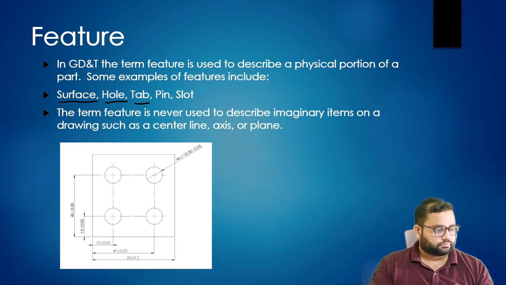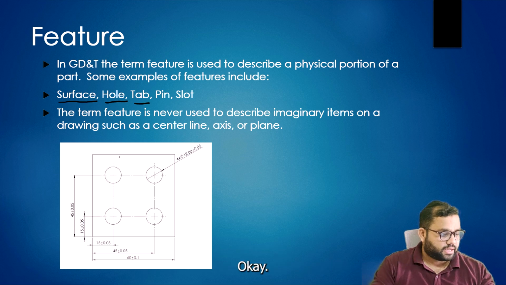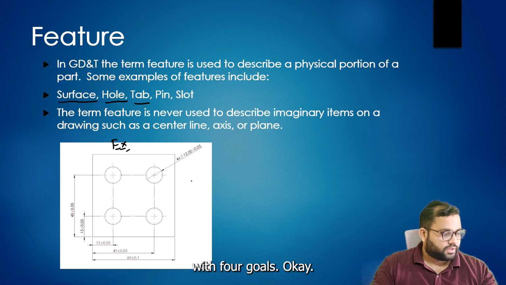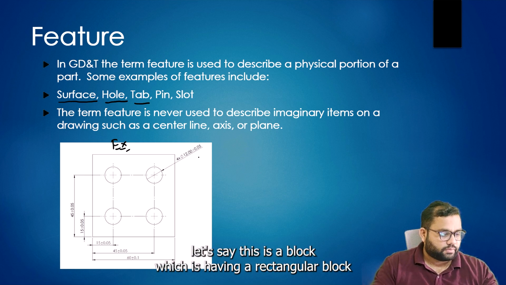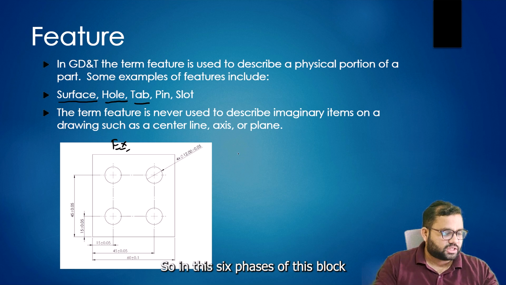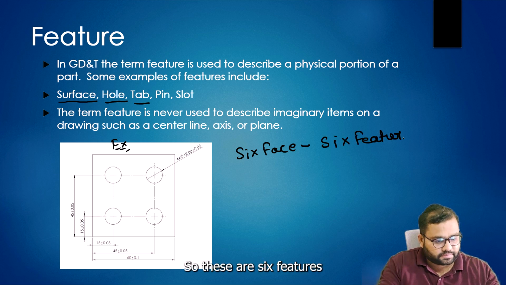Now, in this image you can see a rectangular block with 4 holes. This block has 6 faces, and these 6 faces are 6 features.